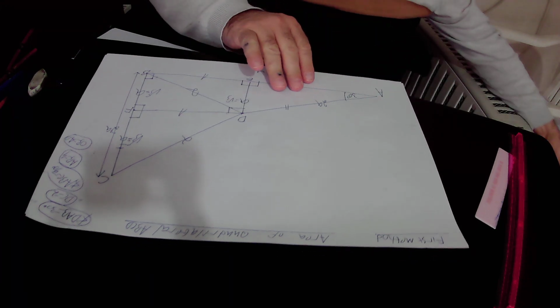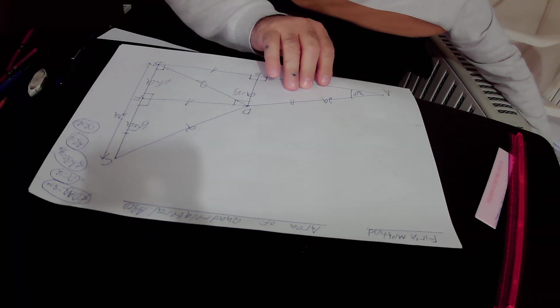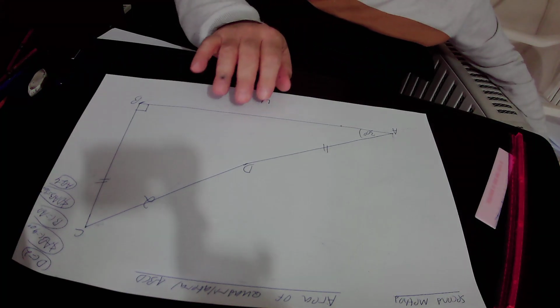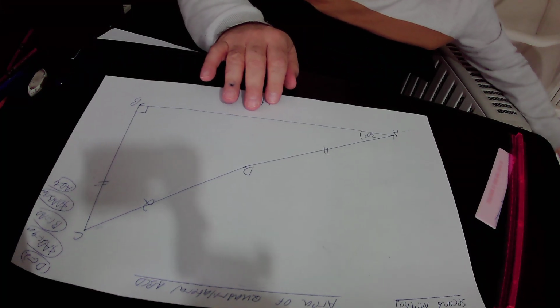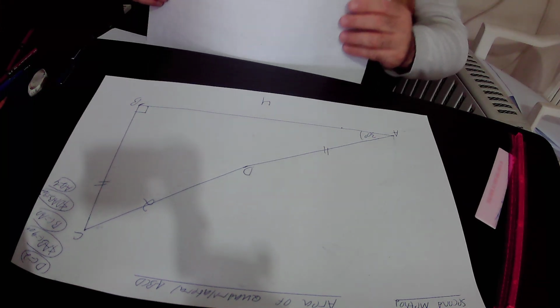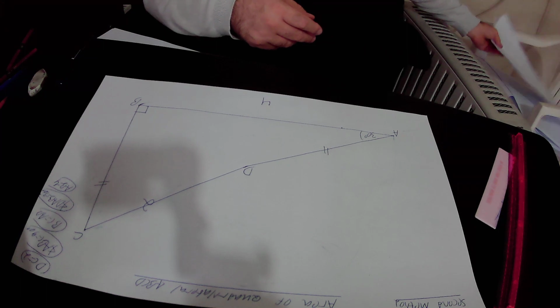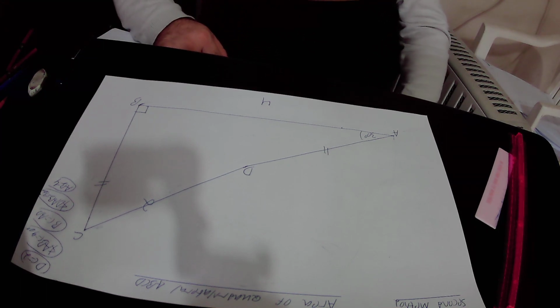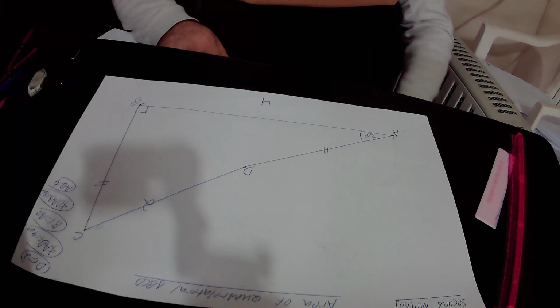In the next step, I will present to you how to find the area of this quadrilateral ABCD according to the second method. In the second method, we will do another construction.